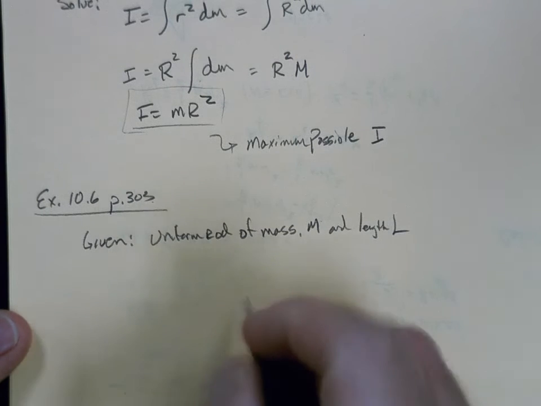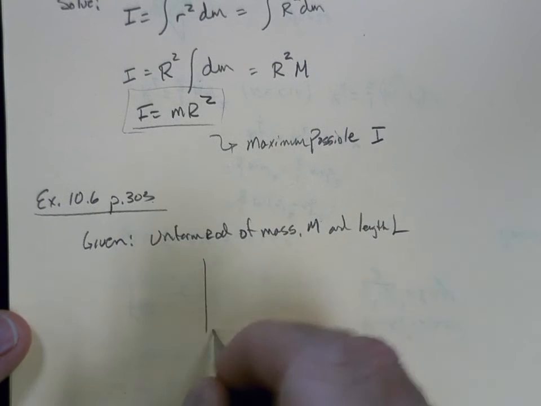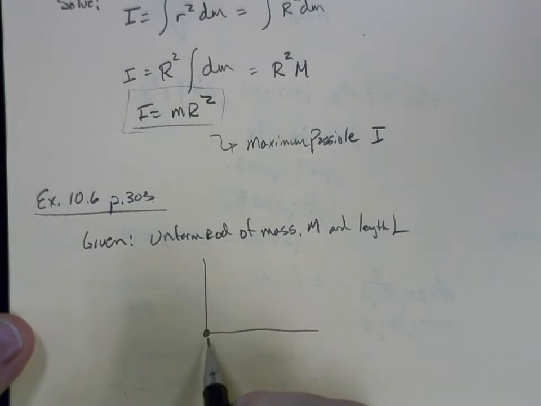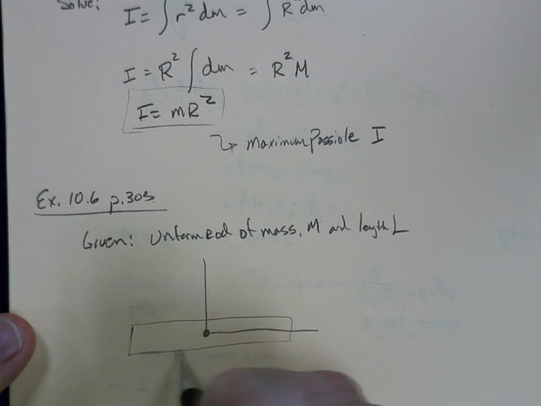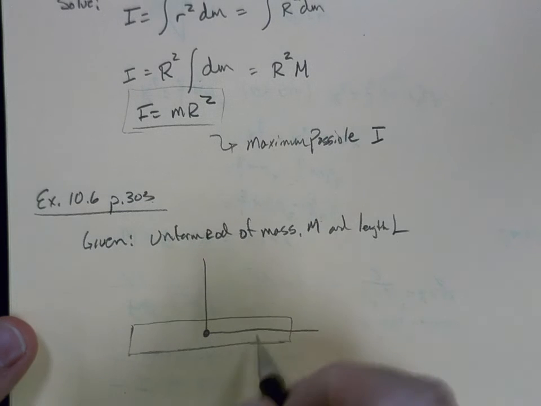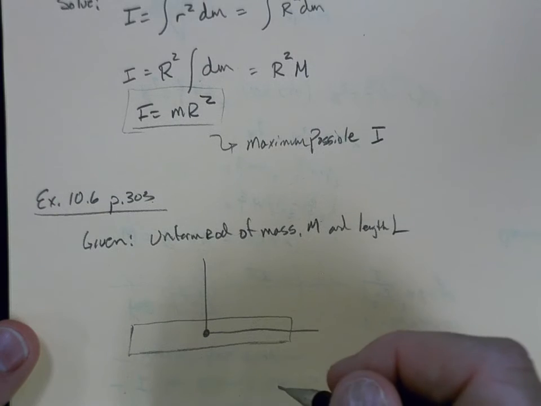So we're going to create our axis here, and we almost always want to put our origin at the axis of rotation. It just makes the math so much easier to do that. Actually, this should be a thin rod. I made it thicker than it needed to be.